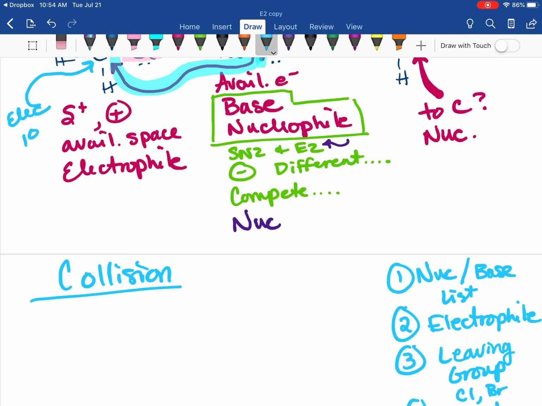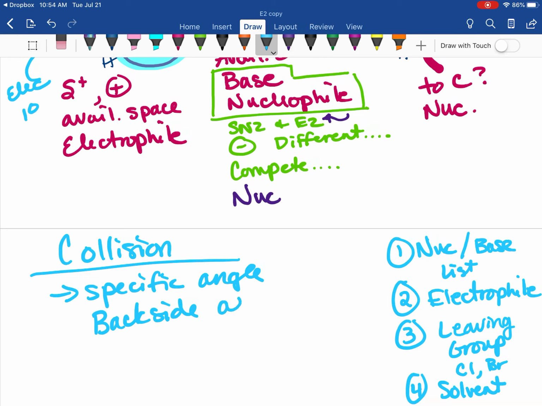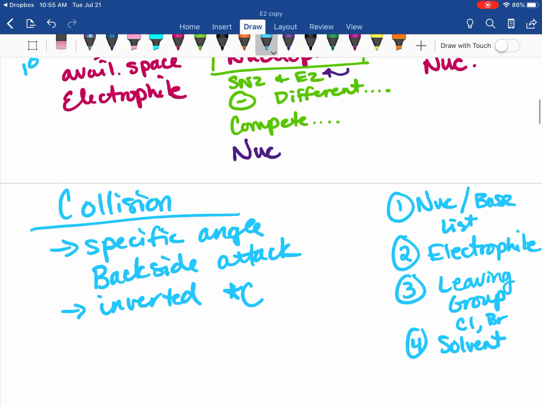So if our SN2 is a collision, we talked about in our last video that collision has to happen at a very specific angle. In fact, we called that a backside attack. I know I didn't make it up. And that inverted our stereochemistry. So if you have a stereo center, you just inverted it.